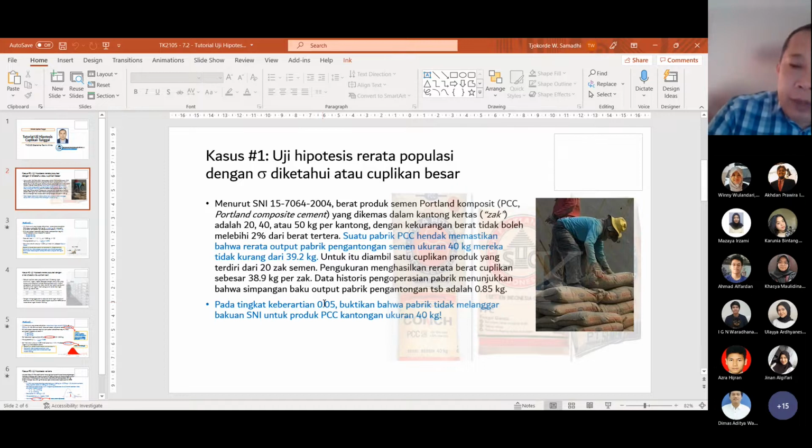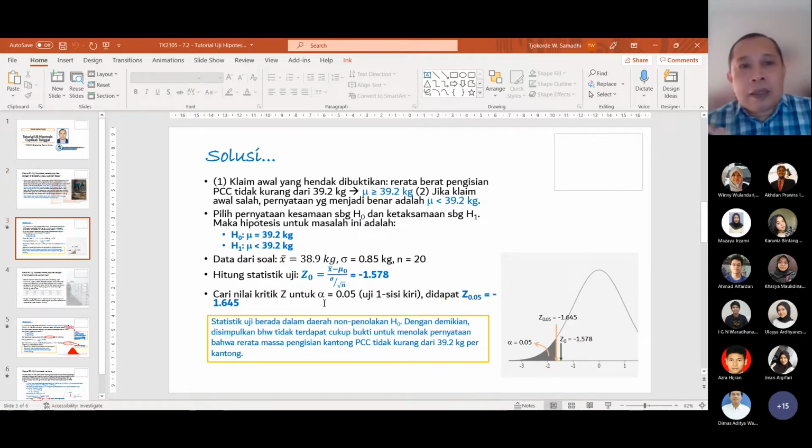All right, so how are we going to do this problem? Go back to the original claim. What is the original claim that they want to prove? They want to prove that the average filling weight of the PCC is not less than 39.2. If you put this in mathematical form, then we obtain this one here.